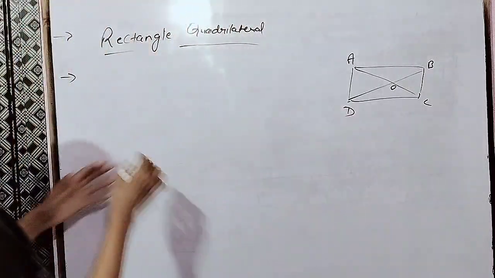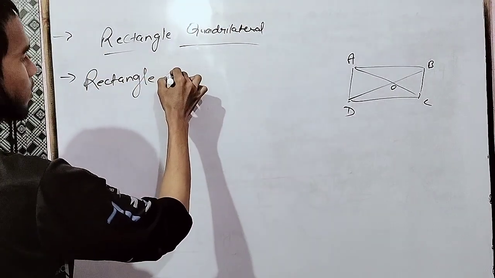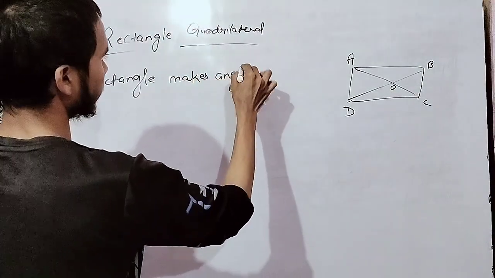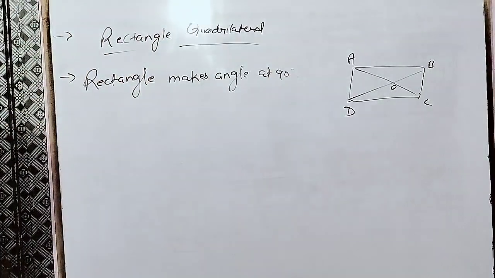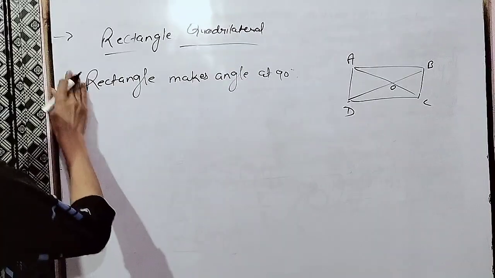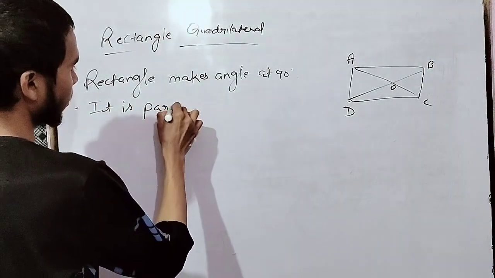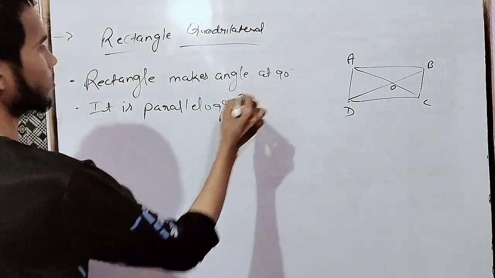So here, a rectangle makes angles at 90 degrees. It is a parallelogram. This is parallel.